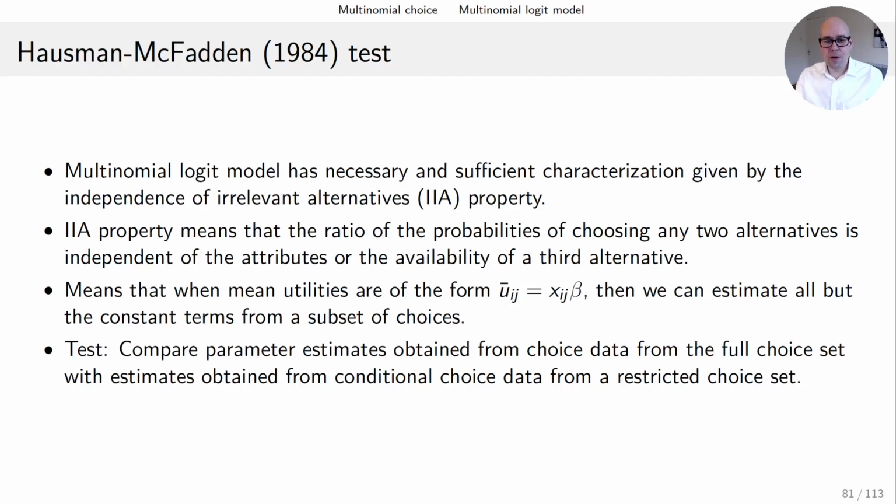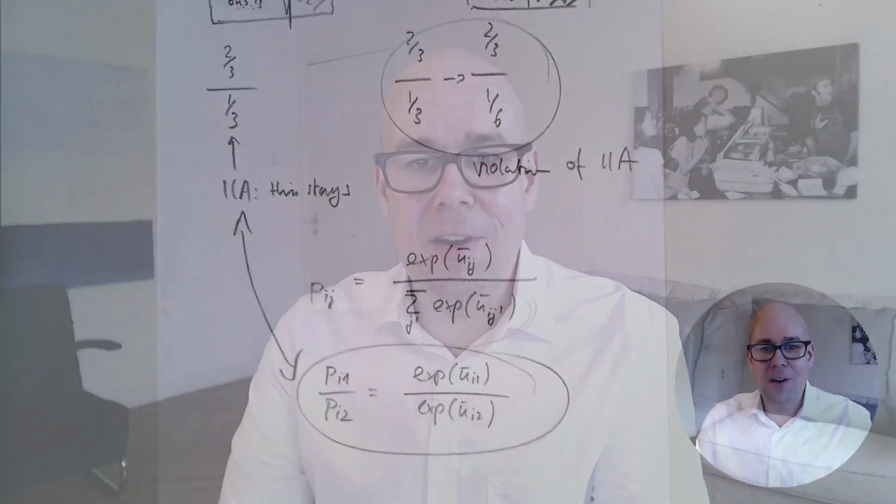Good. So this actually ends my discussion of multinomial choice models, at least the introduction to this.